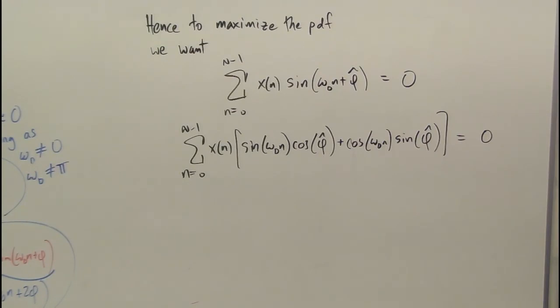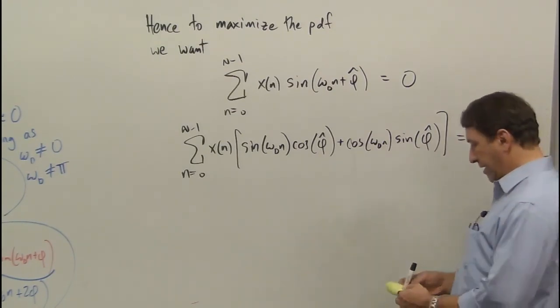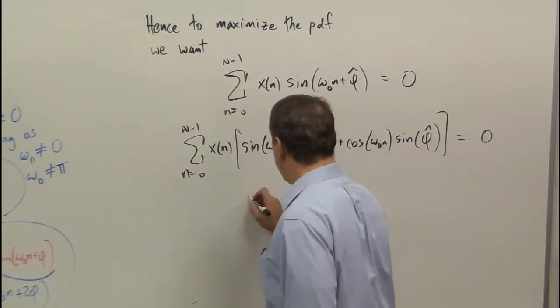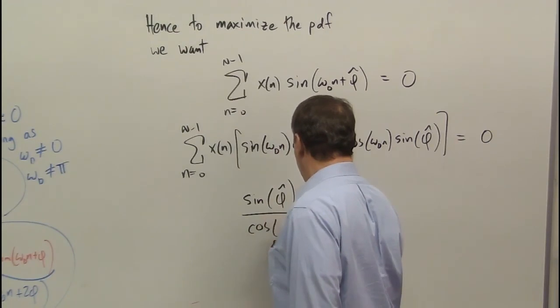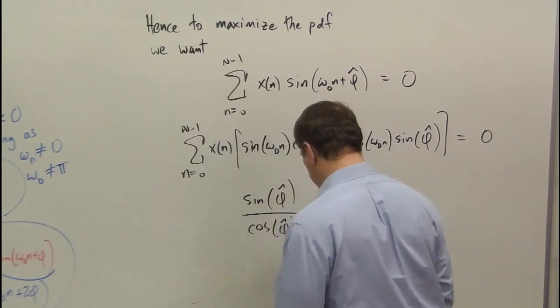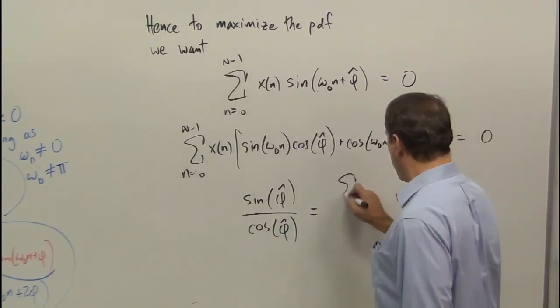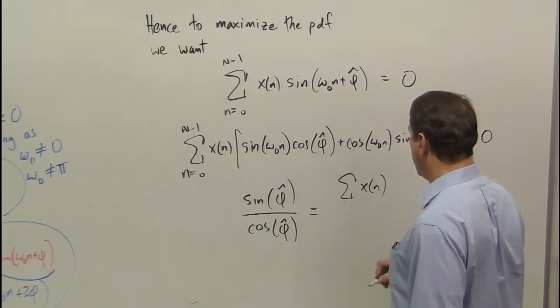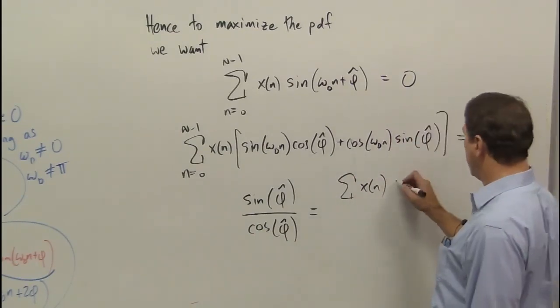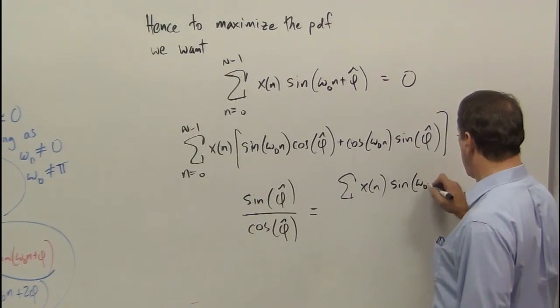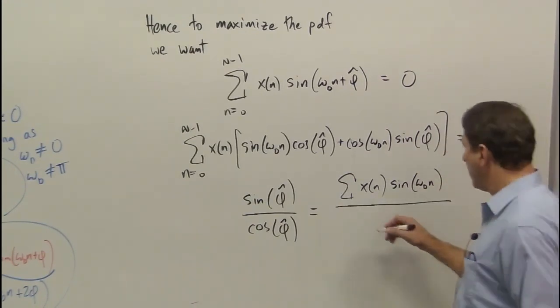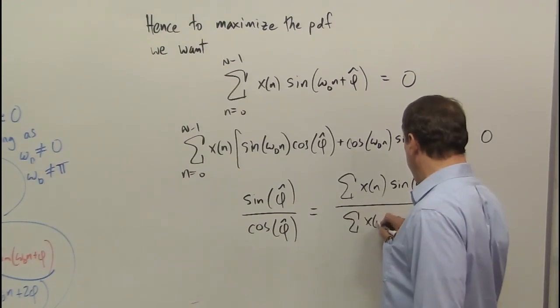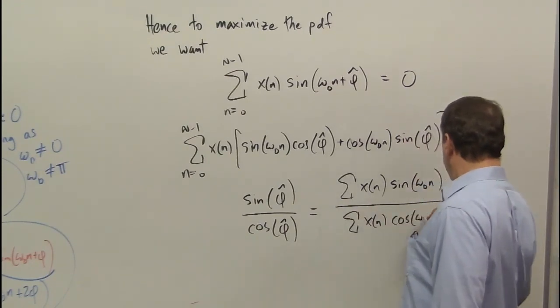Okay? And so this gives us that we want the sine of phi hat over the cosine of phi hat to be equal to the sum of the x of n's times the sines, divided by the sum of the x of n's times the cosines.